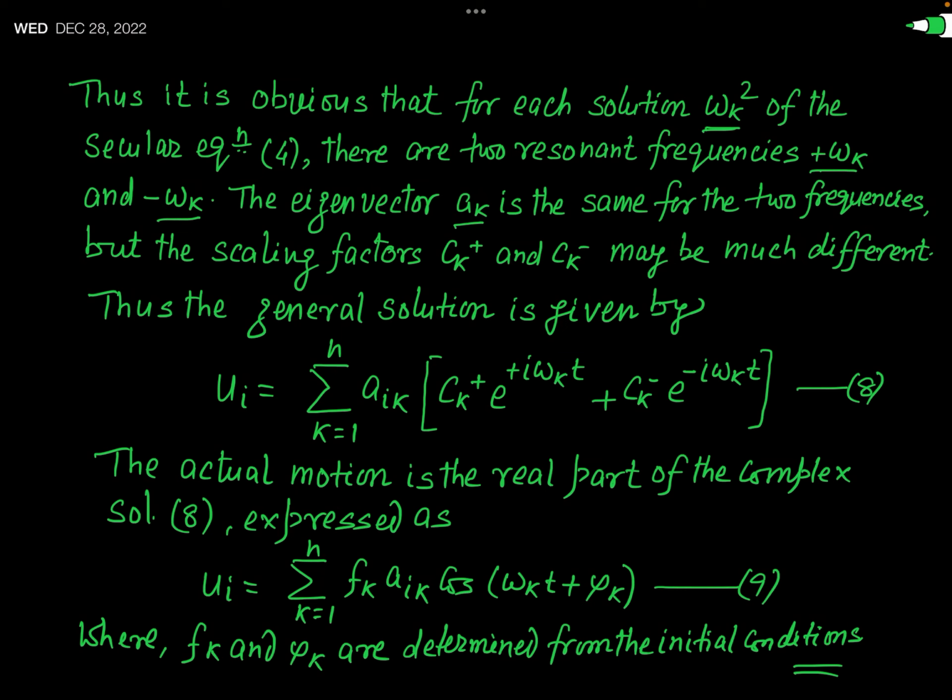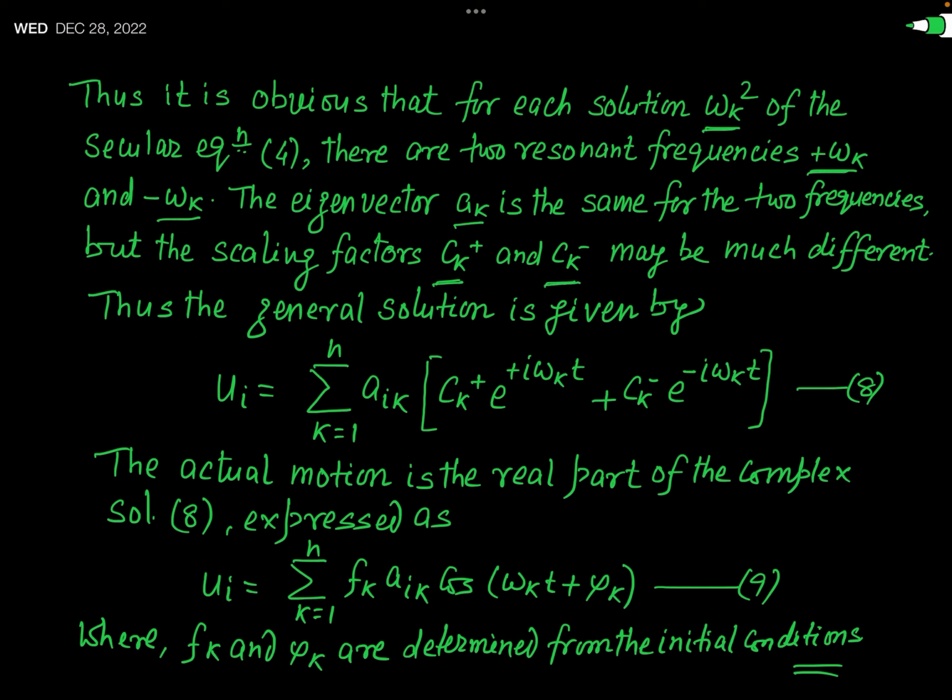So we assume that for plus omega_k the scale factor is c_k plus, and for minus omega_k it is c_k minus.